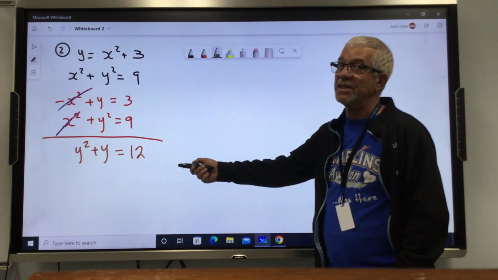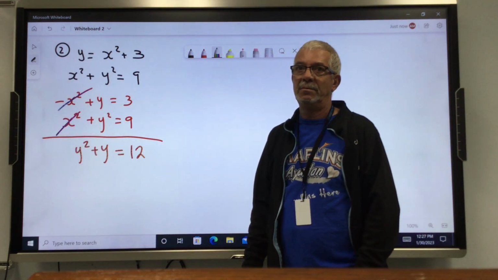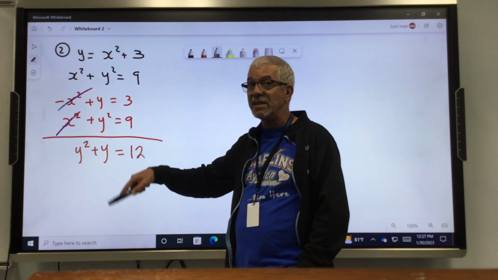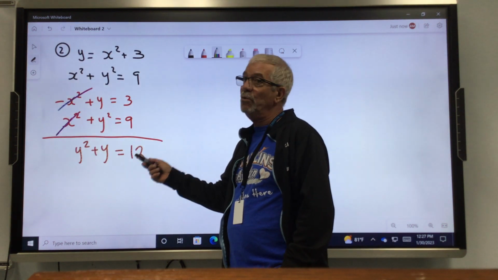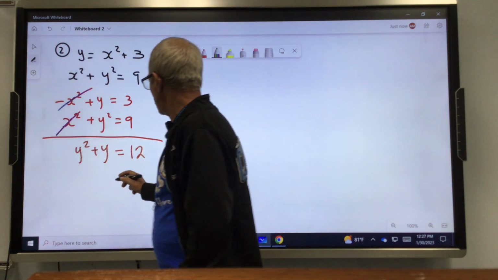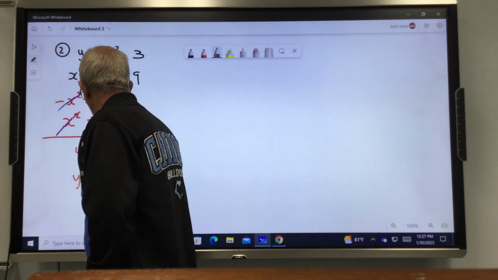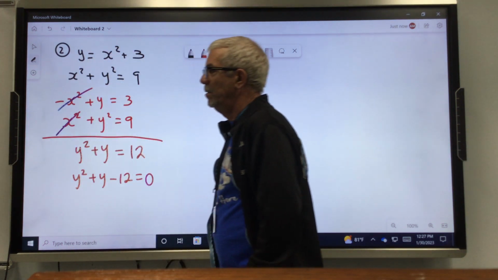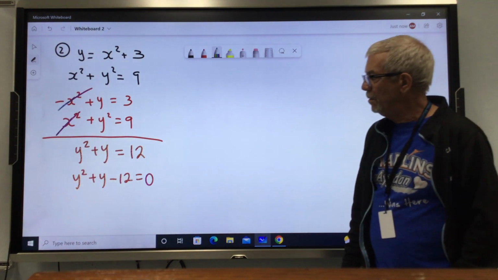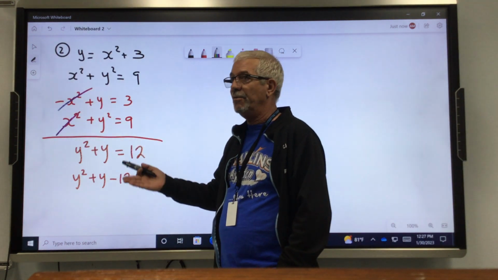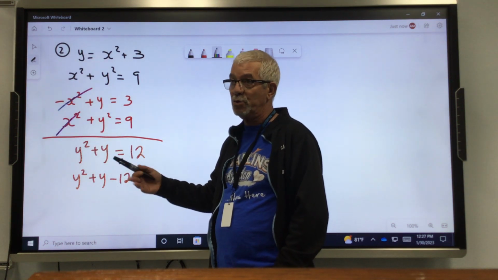And you know that this is a quadratic equation. But we need to organize the quadratic equation. Then we need to move 12 to another side. Subtracting 12 from both sides, the equation will be y squared plus y minus 12 equals 0. And now, we use any of the different ways that we have to factorize that to solve it.